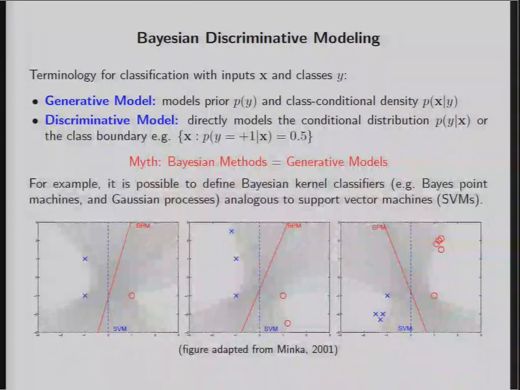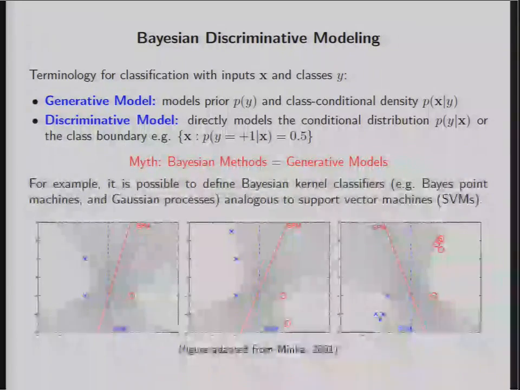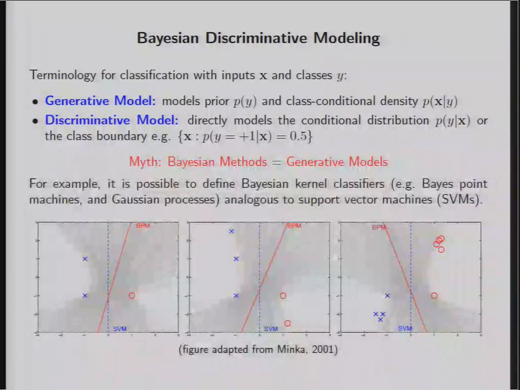So it's often the case that a lot of machine learning is based around discriminative models, and the Bayesian bits of machine learning are often talking about generative models, probability distributions over the whole data. And so it's very natural that this conception has emerged that the Bayesian-frequentist divide maps onto the generative-discriminative divide. And that's not really accurate.